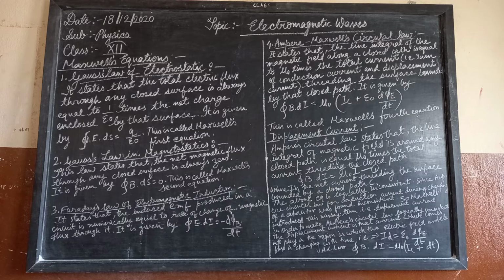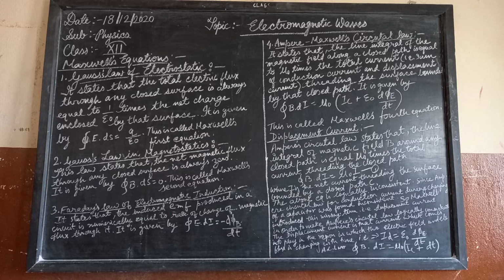Now Faraday's law of electromagnetic induction. It states that the induced EMF produced in a circuit is numerically equal to the rate of change of magnetic flux through it. It is given by the line integral of E dot dl equal to minus d phi B upon dt. And the fourth equation is Ampere-Maxwell circuital law.